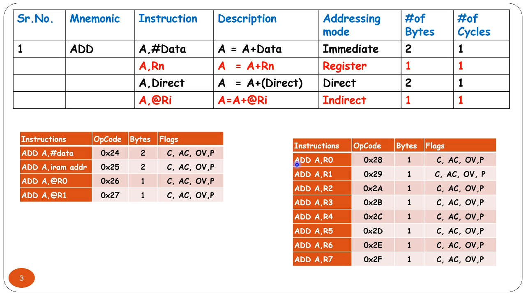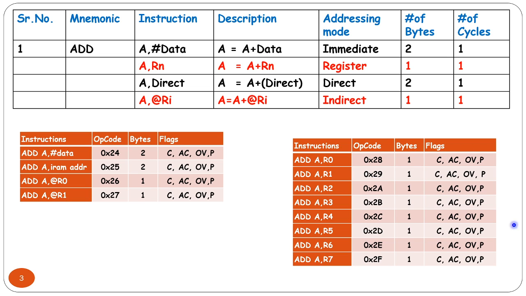That means for ADD A, R0, the content of the R0 register is added to the accumulator and the result is stored in the accumulator, with operation code 28H. Similarly, ADD A, R1: the content of the R1 register is added to the accumulator and the result is stored in the accumulator register. The operation code is 29H.